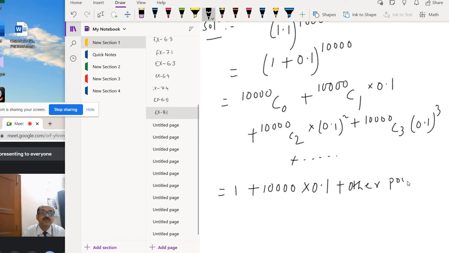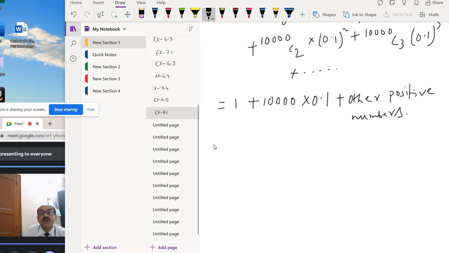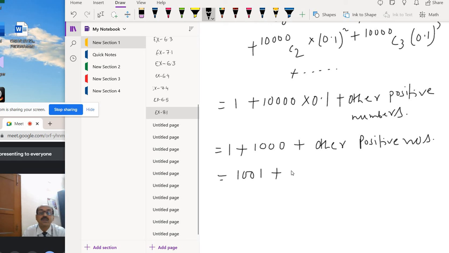Now 1 plus 10,000 into 0.1, that means 1000, so 1000 plus 1 is 1001, plus other positive numbers. So this is equal to 1001 plus other positive numbers.